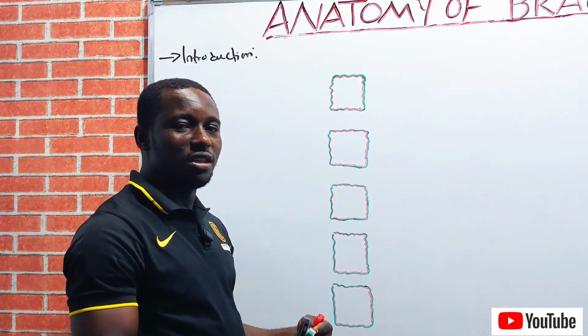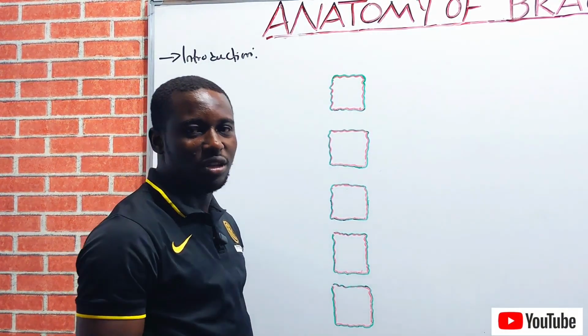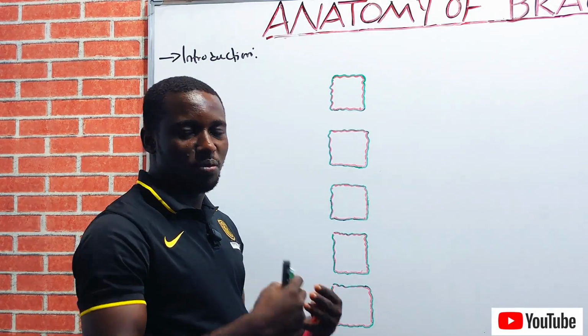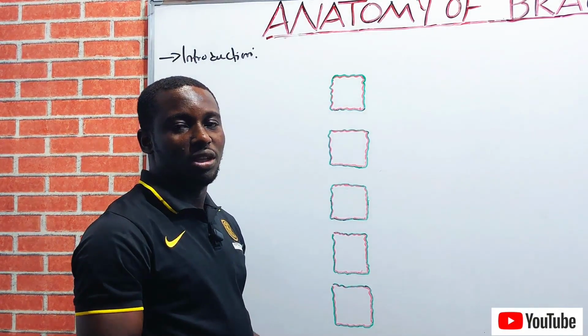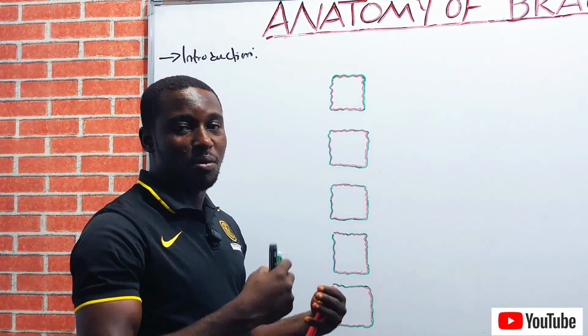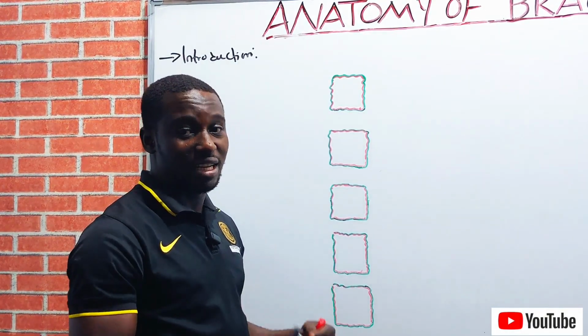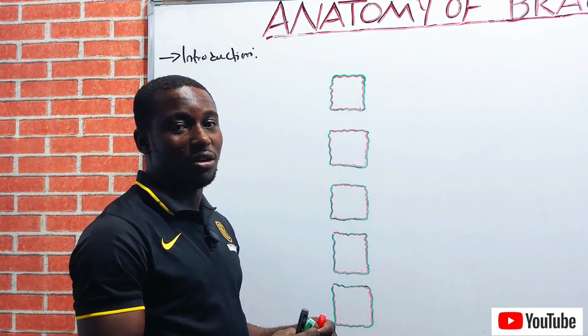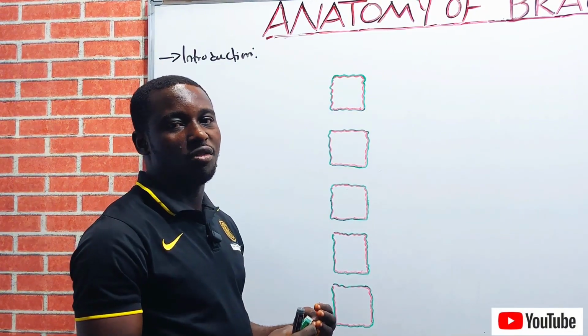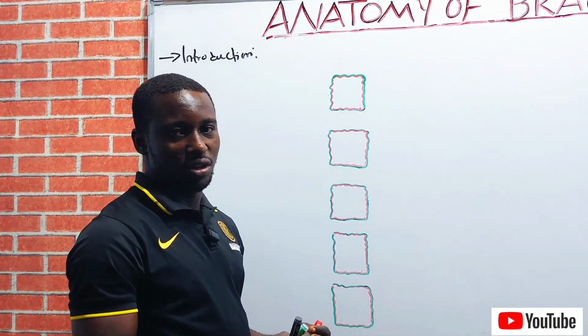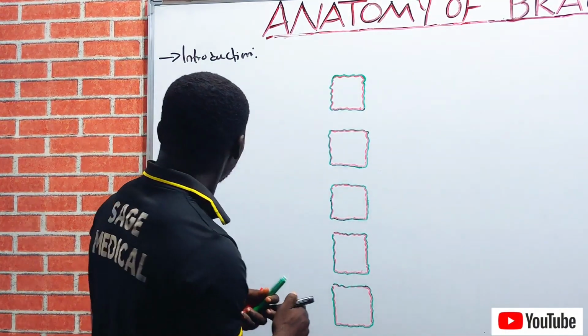It could be supplying the muscles, or it could be supplying the skin, thereby providing motor and sensory innervation. So that is all about the introduction of the brachial plexus.